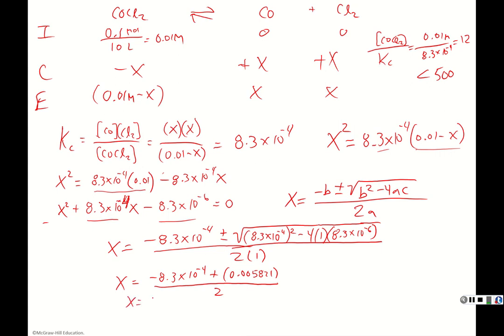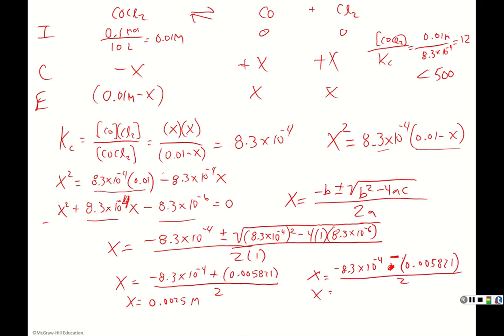For that case, we would get x equals 0.0025 molar. And then we have to do the negative as well, so minus 8.3 times 10 to the minus 4, doing the minus, 0.005821 divided by 2.